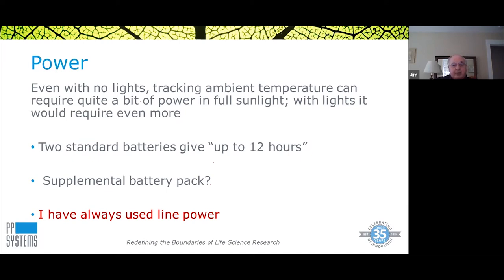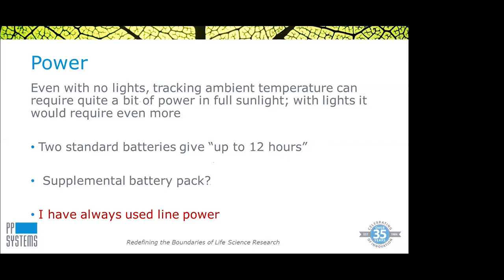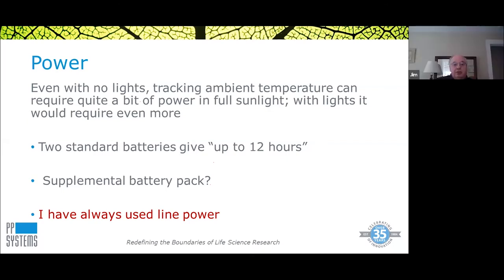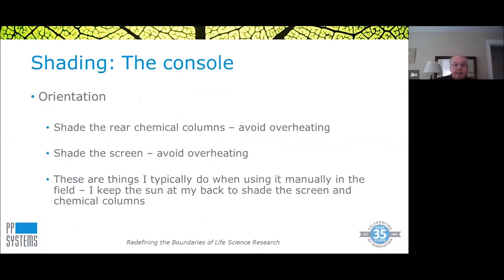Two standard batteries in the CIRAS-3 give up to 12 hours, but that's probably not when you're trying to control temperature on a real bright sunny day. There is a supplemental battery pack that you can add to the two standard batteries, but I don't have experience with trying to do it that way. As I said, I always just use line power. My field plot has line power there.